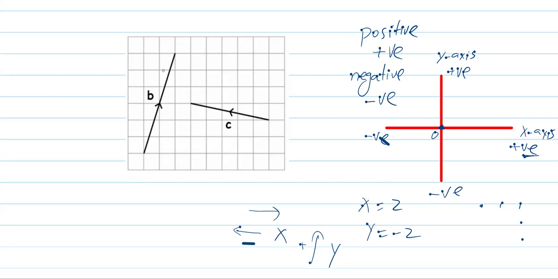Now, if a vector is given in this form, how would you write the column vector from that? Let's say this vector. This is the direction of the vector, which means the vector is starting from here and ending here. So from here till here, how are you reaching?